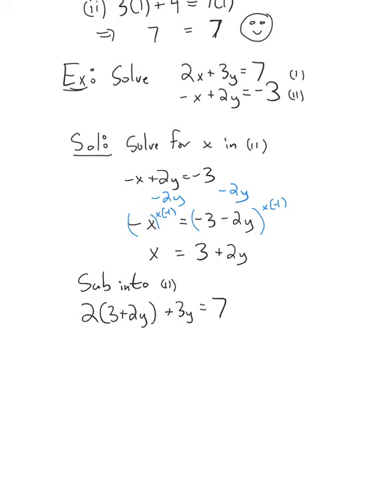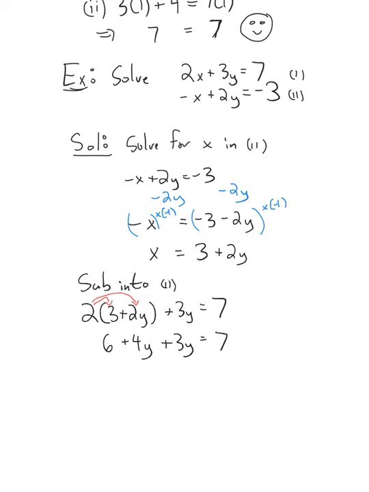Okay, let's go ahead. So 2 times 3 is 6. 2 times 2y is 4y, just doing the distributive property there, of course. And we have plus 3y equals 7.